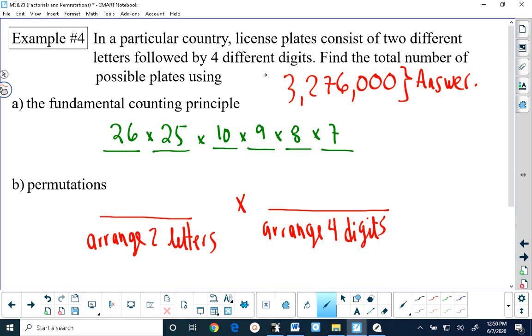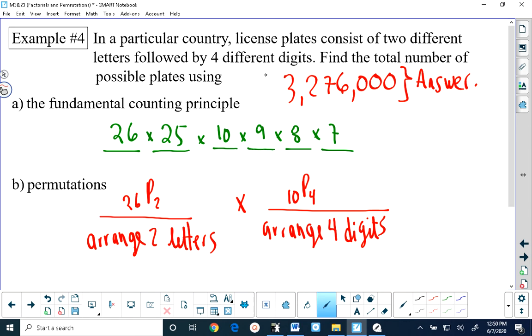Well, how many ways are there to arrange 2 letters out of 26? 26P2. How many ways are there to arrange 4 digits out of 10? That would be 10P4. So if we can calculate 26P2 and 10P4, we can multiply them together.